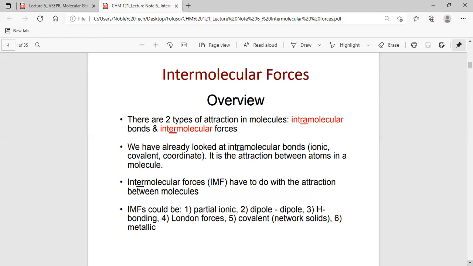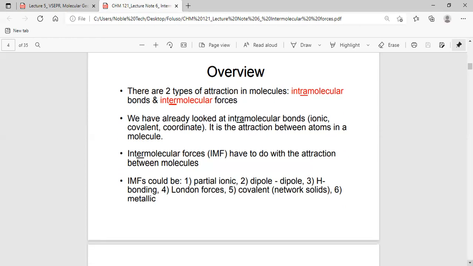The molecule is already formed by the bonds, but between one molecule and the other, there are forces that we refer to as intermolecular forces. These forces can be partial ionic, dipole moments, hydrogen bond, London dispersion force, and covalent network solid or metallic bond.